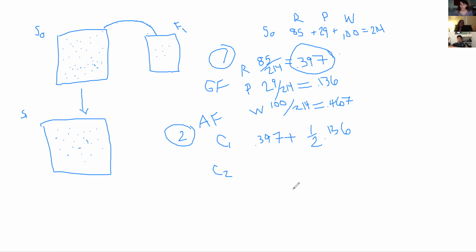To get the white, the C2, the one that codes for white eyes, to get the allele frequency for that, we're going to take 0.467 and also add half of the heterozygotes.